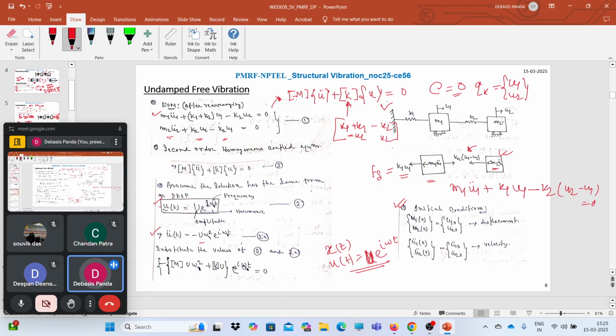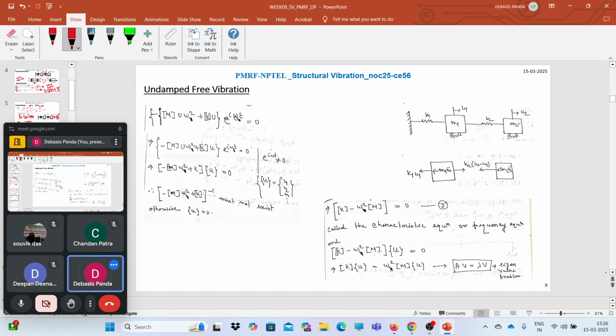Now if we substitute u(t) and u double dot t in this equation, we will have the final equation like this: the bracket of minus m omega square plus k, times u, times e to the power i omega t, is equal to 0, right?